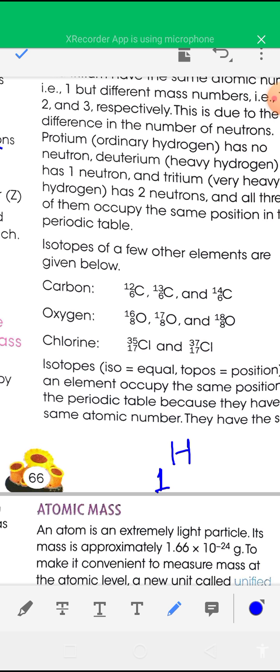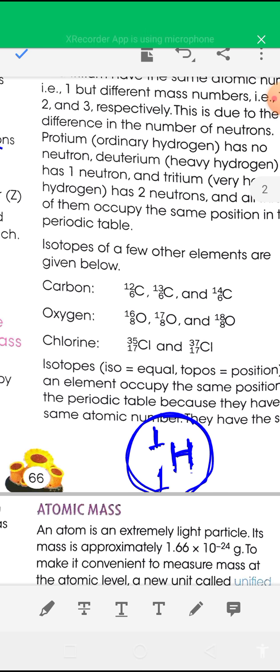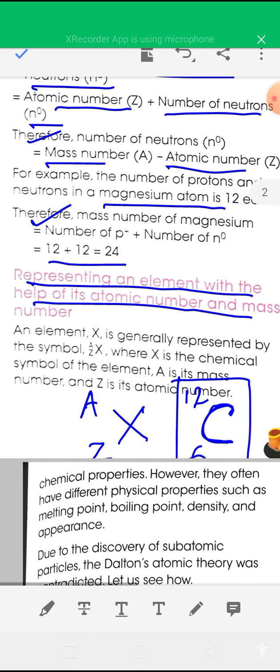So the mass number of simple hydrogen, that is protium, is also 1. So the representation of one atom of hydrogen is 1H1. Okay, you have to write it like this.